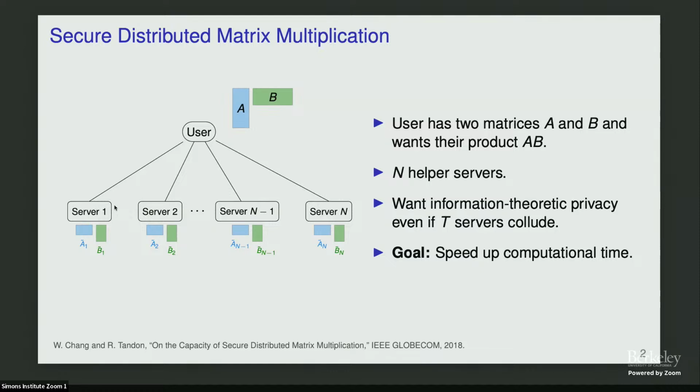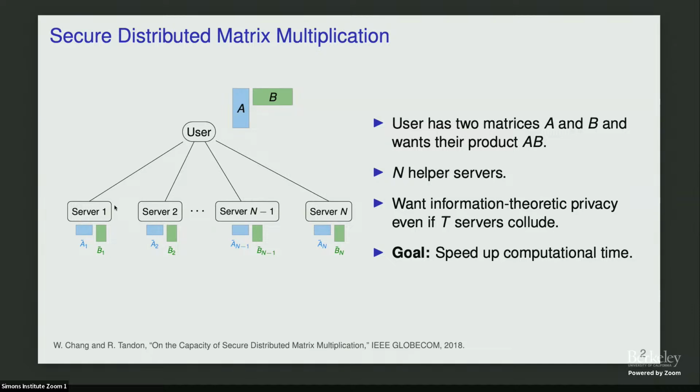So here for security, we're looking at information-theoretic security, and we have this parameter T, which controls the amount of servers that we are permitting to talk to each other. Well, the scheme doesn't assume that they're going to talk to each other, but if they end up knowing about each other, it's not good for us, and so there's this parameter T that controls that. And again, the goal is to speed up the computational time of this process.